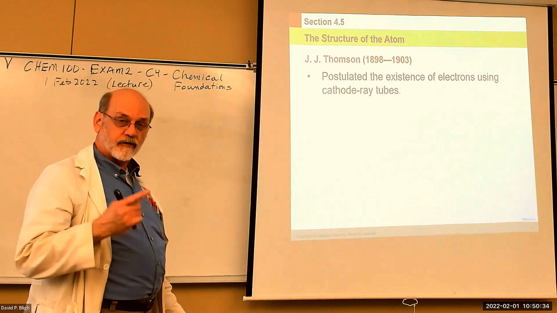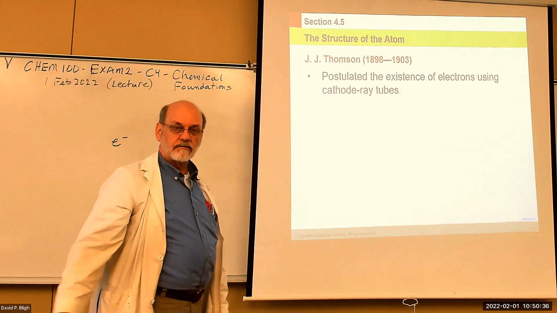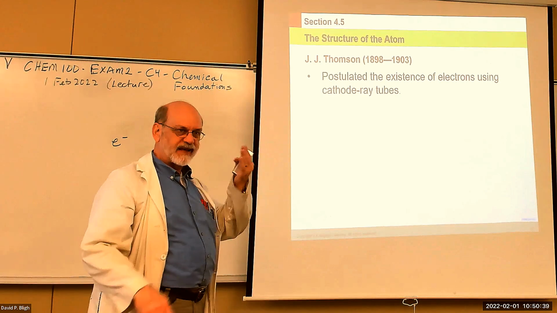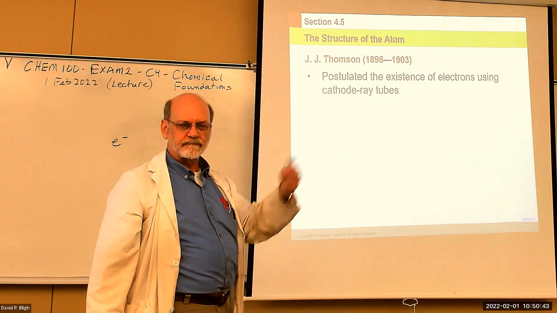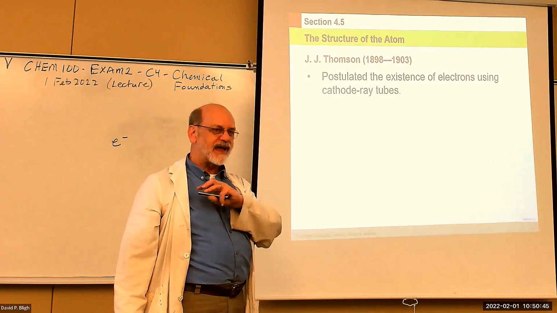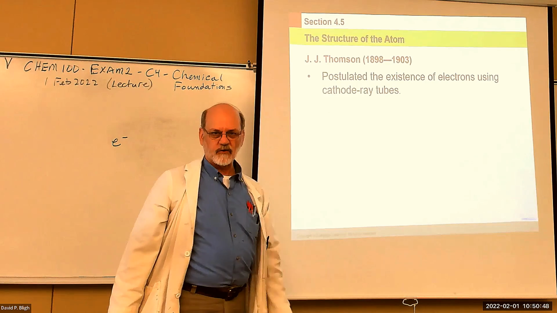And it was coming from atoms in those plates. He could make the plates out of anything he wanted to, and he'd still get those negative beams. So he knew it was something that was common to every atom, the electron.